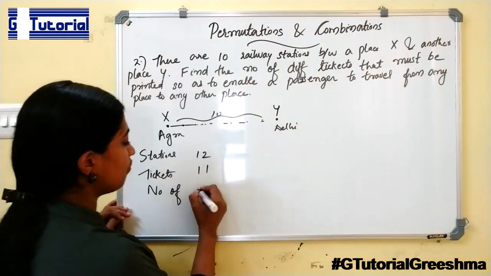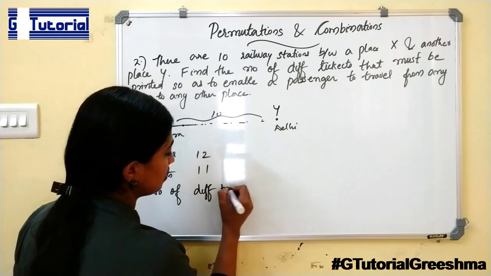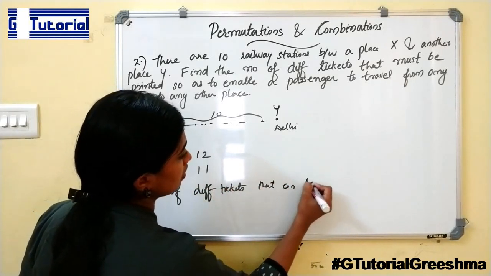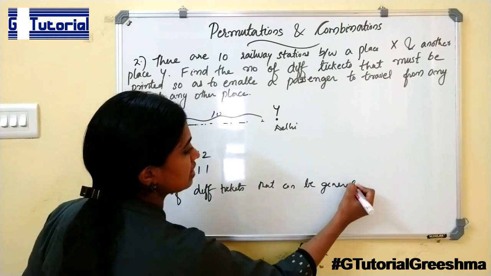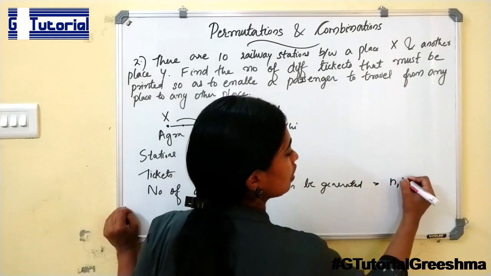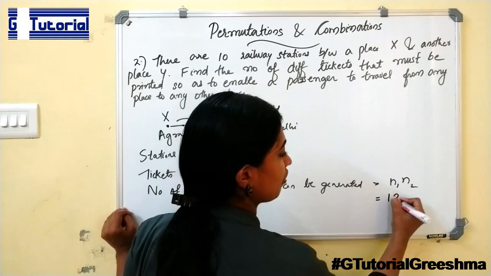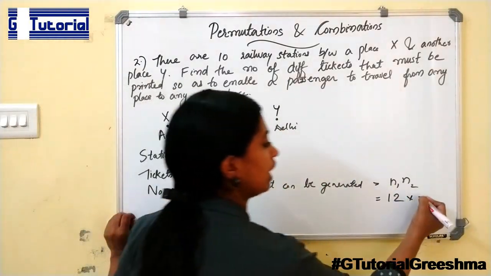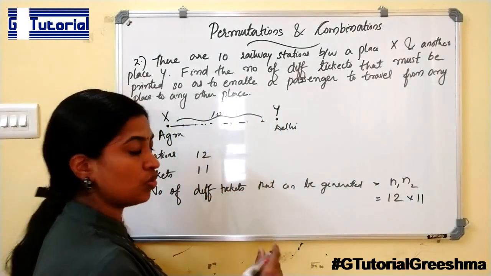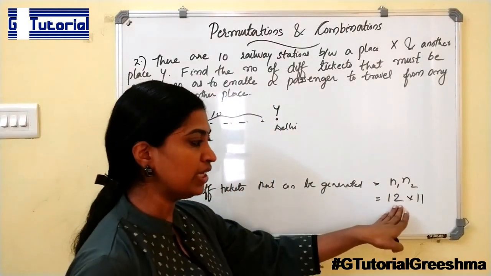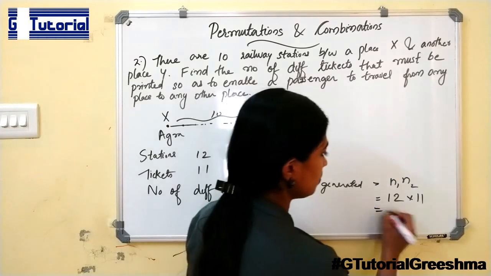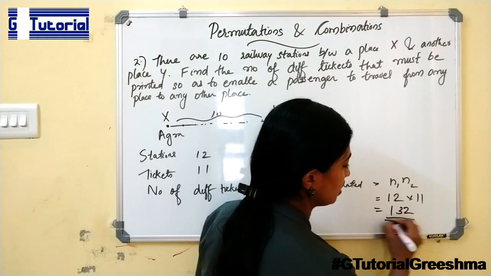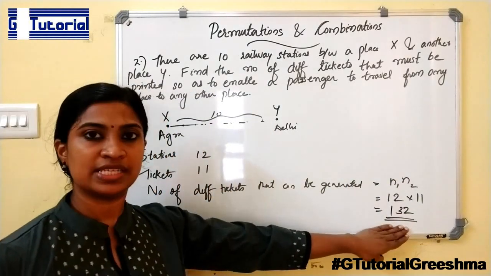So, the number of different tickets that can be generated is just n1 into n2. n1 is the total number of railway stations, and from each station it is possible to generate 11 tickets. So, the possible cases are given by 12 into 11. 1 2s are 2, 2 plus 1 is 3, 1 1s are 1, so 132. That's the number of tickets that can be generated.